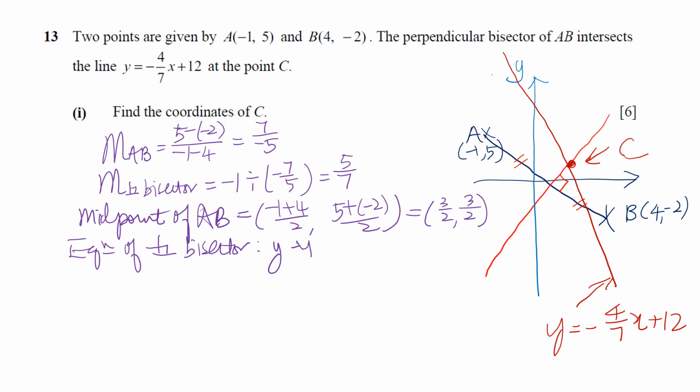y minus y1 equals gradient times x minus x1, where x1, y1 is your midpoint. So y minus 3 over 2 equals the gradient 5 over 7, times x minus 3 over 2.